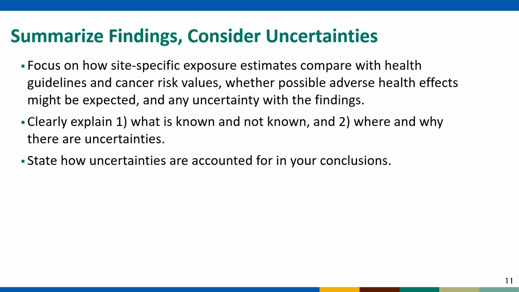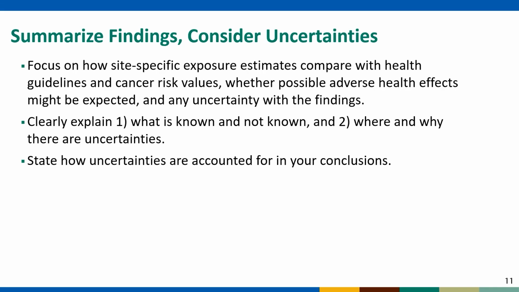Whenever possible, ATSDR typically accounts for uncertainties by using reasonable maximum exposure estimates as the basis for determining whether adverse health effects are possible. However, even with a health protective approach, there are inherent limitations and uncertainties in the PHA process that must be considered.